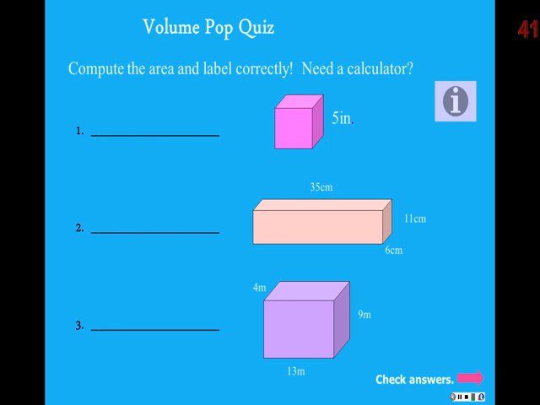So you got 125 on the first one, and then what about the second one? 125 what? Inches cubed, okay?